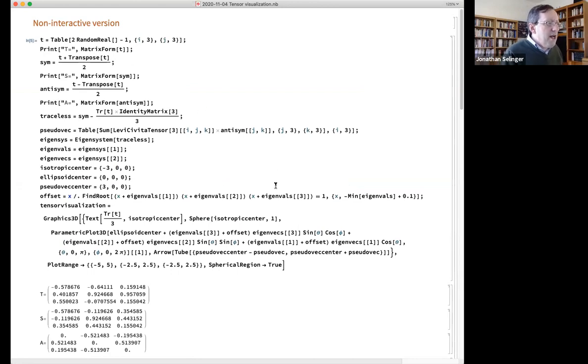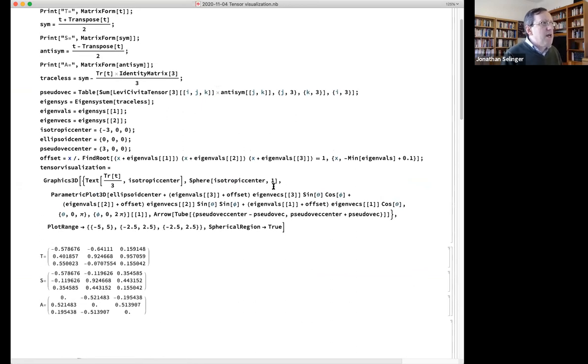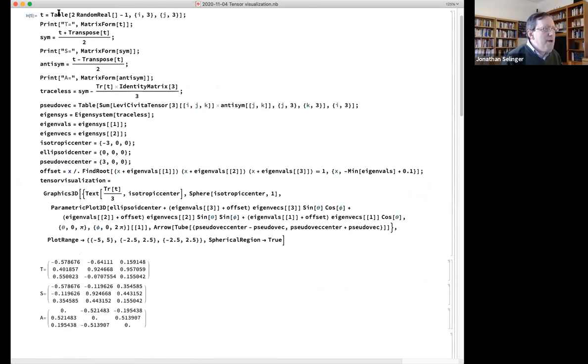Here is a Mathematica notebook I made, which starts by making a tensor with random numbers. Here's a tensor with random numbers. Then I break it into a symmetric tensor and an anti-symmetric tensor, just the same way I did in my head before.